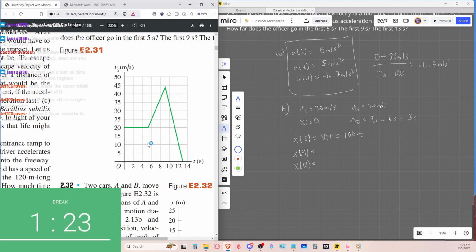It looks close to 5.5 if I look at it by eye. So then I have to estimate the distance, and that's when the changes happen. That's when the acceleration goes to 5 meters per second.